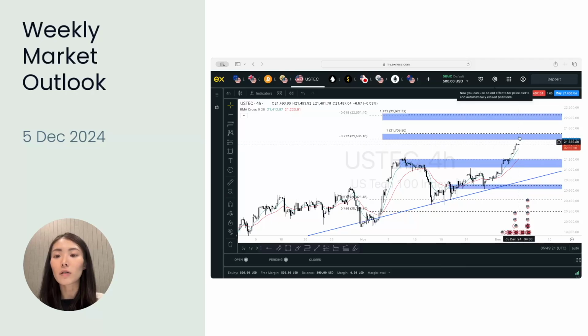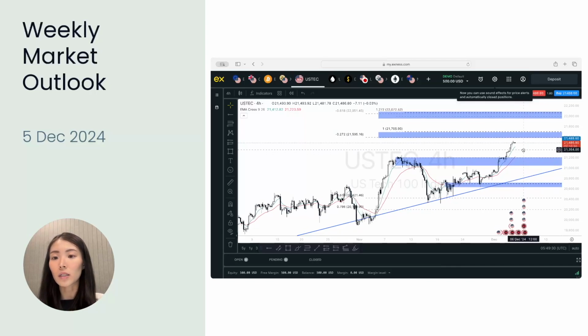Conversely, if we do see a retracement and a close below the EMA 21, we could see potential for a deeper retracement to test the 21,200 level as the first support. And if this zone breaks, price could potentially retrace deeper with the next support level at the 20,700 zone. So this area over here.